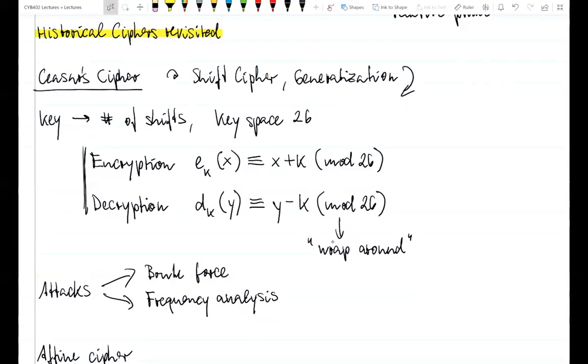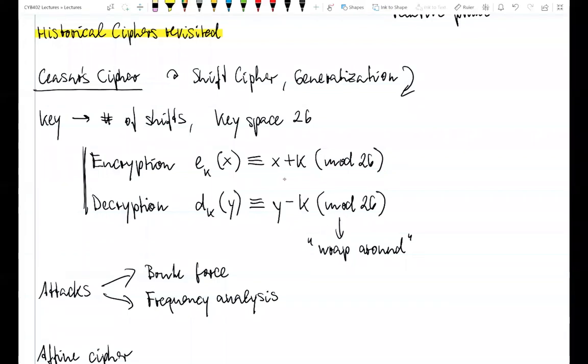So with the ideas that we developed above, it's really easy to express our encryption and decryption ciphers. The encryption cipher for a letter x is just congruent to x plus k, plus the key, x plus the number of shifts, modulo 26.